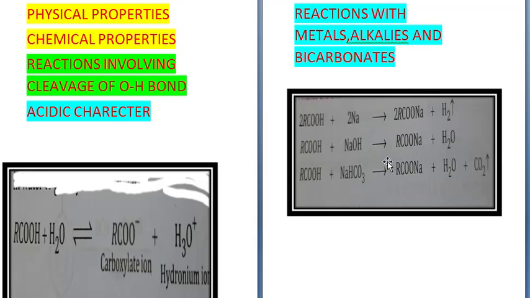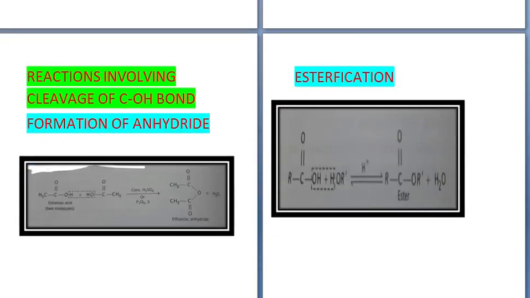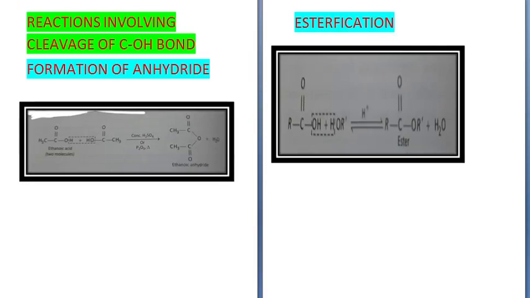When RCOOH reacts with bicarbonate, NaHCO3, again you will get RCOONa plus H2O plus CO2. So in all the cases you are getting RCOONa, sodium carboxylate.